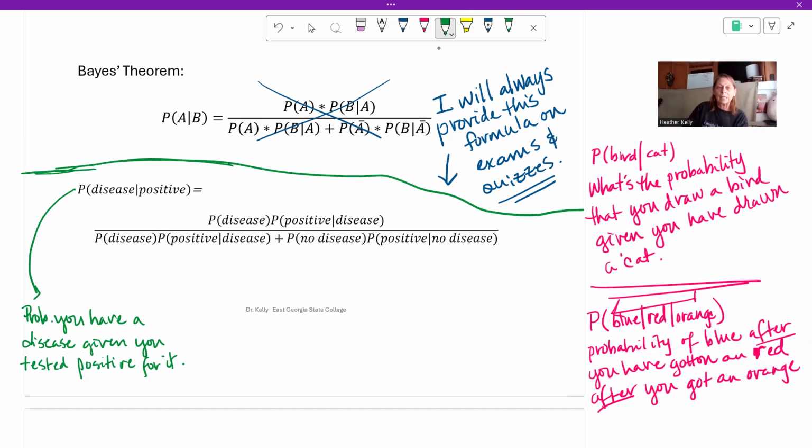Okay, that's what that says, but I want you to notice how we get it here. So it is the probability you have the disease times the probability you have a positive result given you have the disease. So you've got to see that this is different than this one. See, this one is disease given positive result, and this one is positive result given you have the disease.